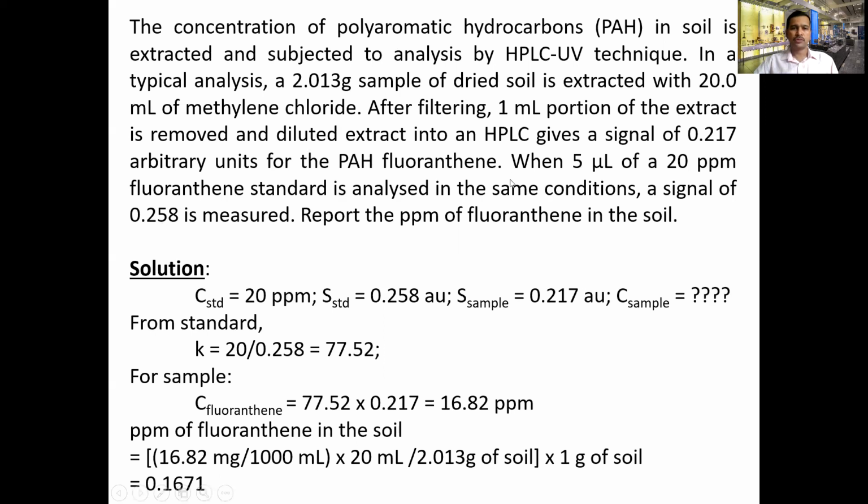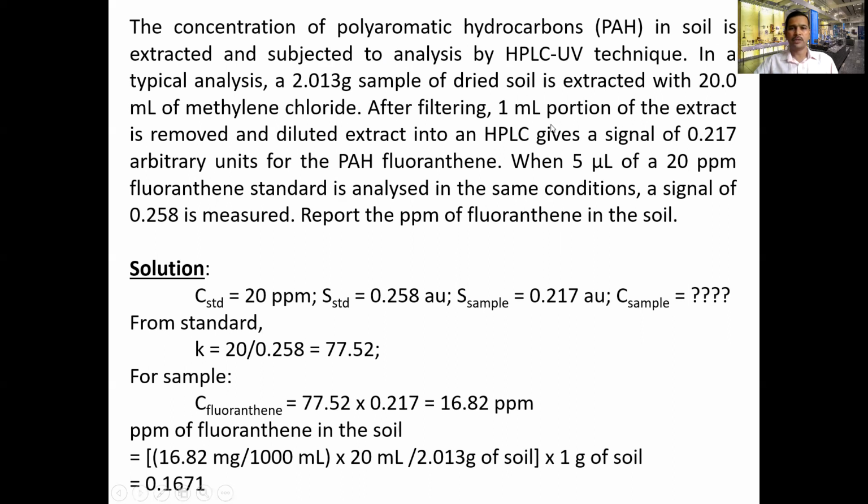This is very similar to the previous one, but the real sample taken was different. The concentration of polyaromatic hydrocarbons, denoted by PAH, in soil is extracted and subjected to analysis by HPLC-UV technique. In a typical analysis, a 2.013 gram sample of dried soil is extracted with 20 ml of methylene chloride.